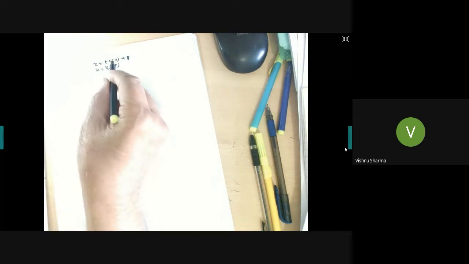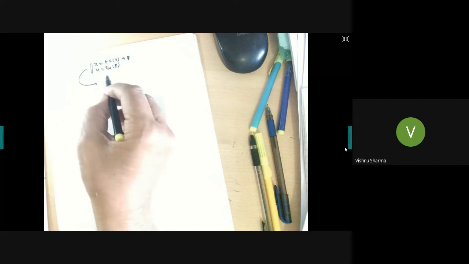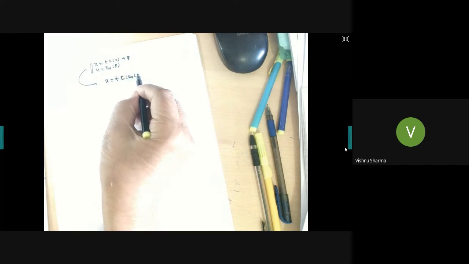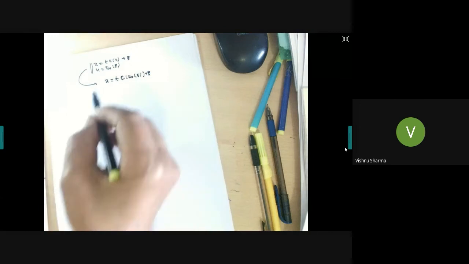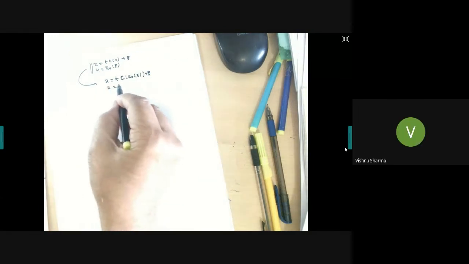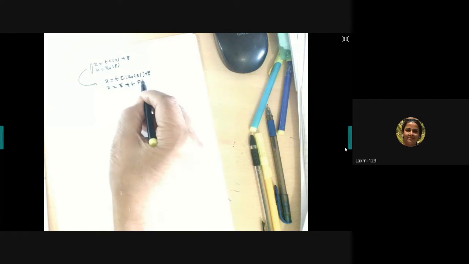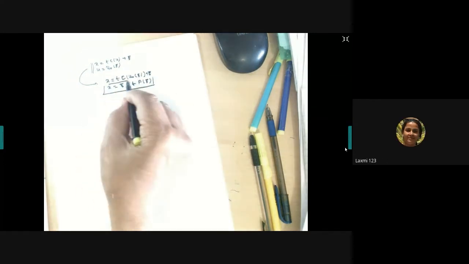If I plug it in, I get x equal to t c of u naught of xi plus xi. Is that right? I say that it is xi plus t times capital F of xi. Right, sir.